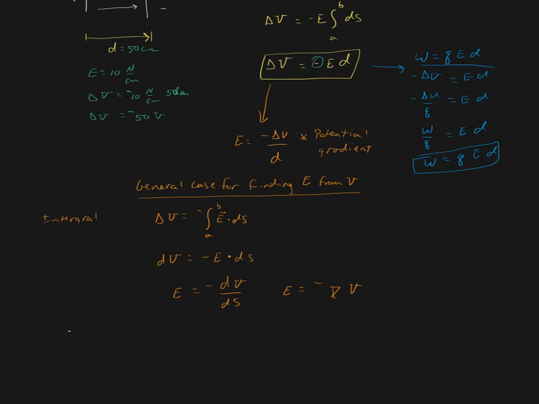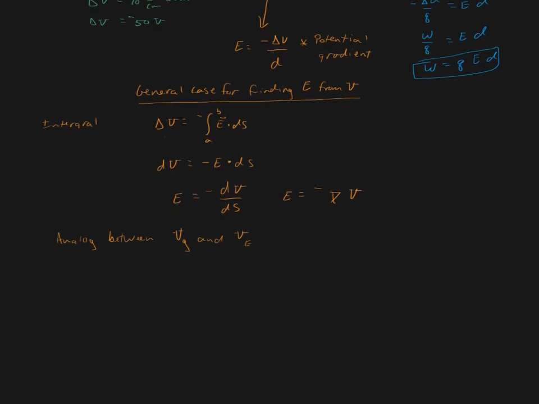There is an almost perfect analogy between gravitational fields and energy and electric potential fields and energy. To show this relationship, it's very helpful to look at it in terms of a topographic map.